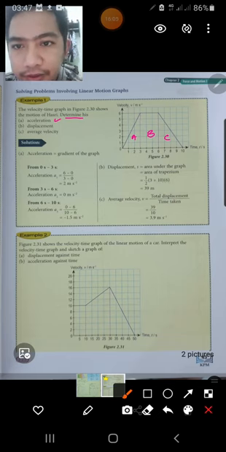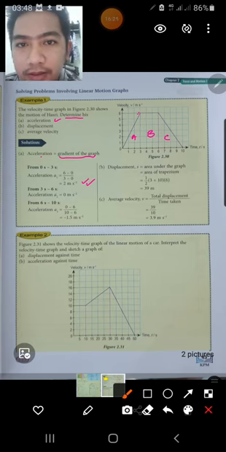Like this solution. Okay. So how to find the acceleration? You have to check its gradient. From 0 to 3 second, that is section A. So you measure its gradient, and you will get 2 meter per second square: 6 minus 0 over 3 minus 0. Okay.